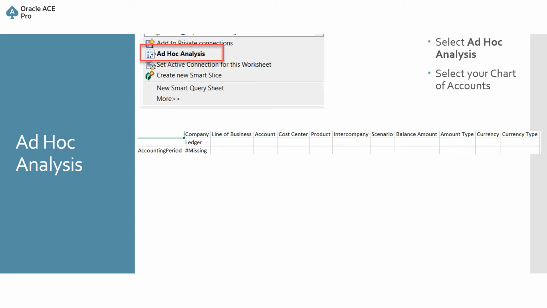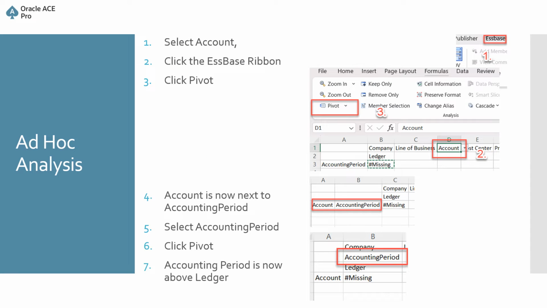So the main thing to remember on an ad hoc analysis is when you come in, you have to select some first things. So we're going to talk through a couple different ways, the way that I like to structure the data on this particular page. The reason I like to structure the data that way is because this is really an accounting analysis, and it's just the way that my mind thinks. It's not the way that you have to do it, but it is the way that I typically will do it.